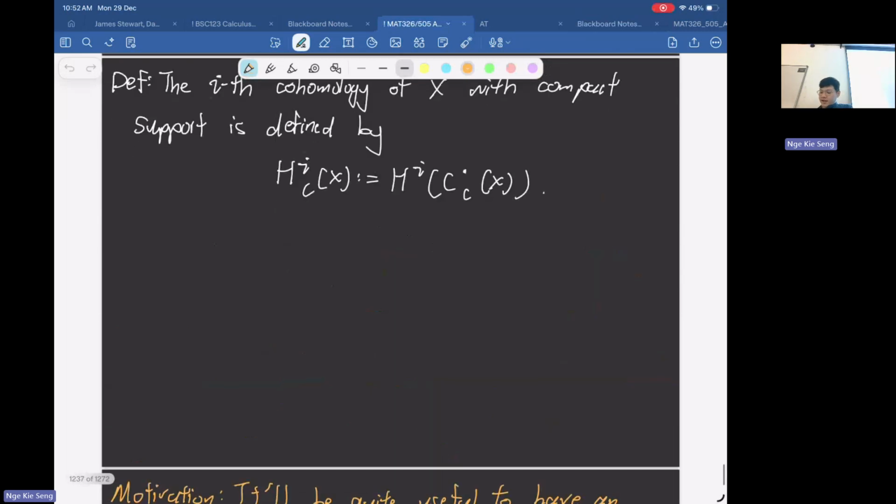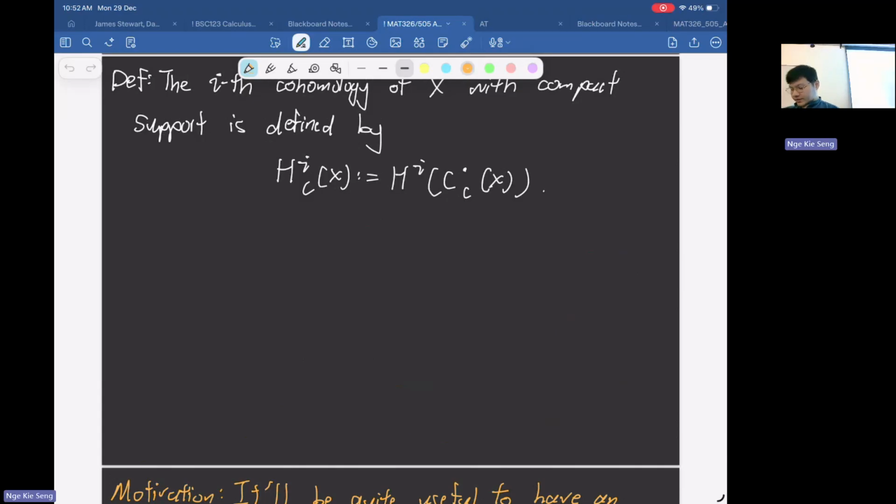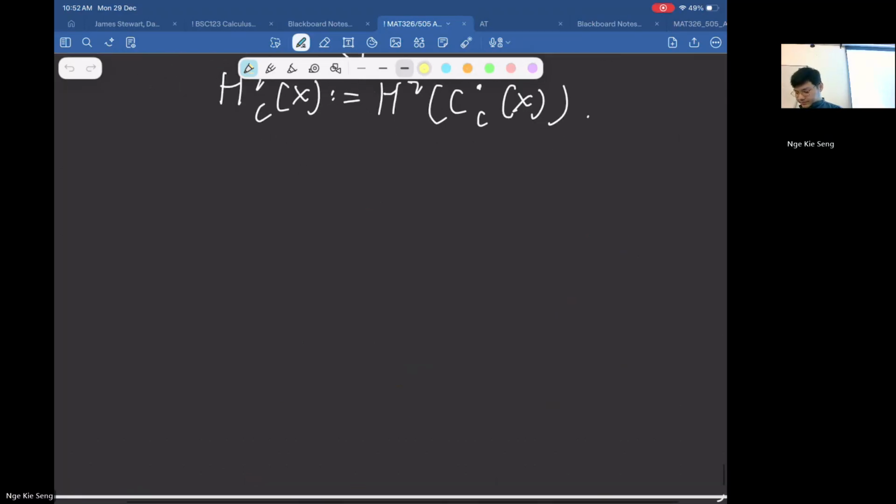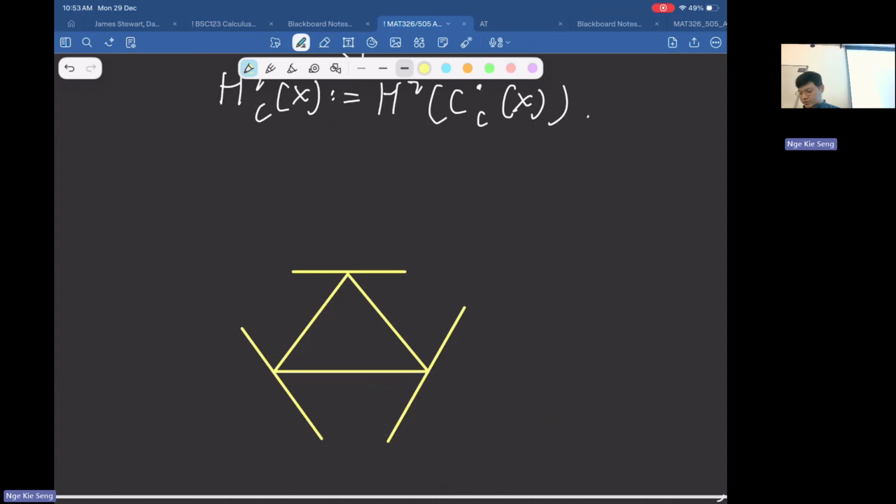For example, if you look at this triangle, maybe you can make each vertex into an edge and then make each edge into a vertex. You can see that it's another triangle again. You wonder why? There is a why here.